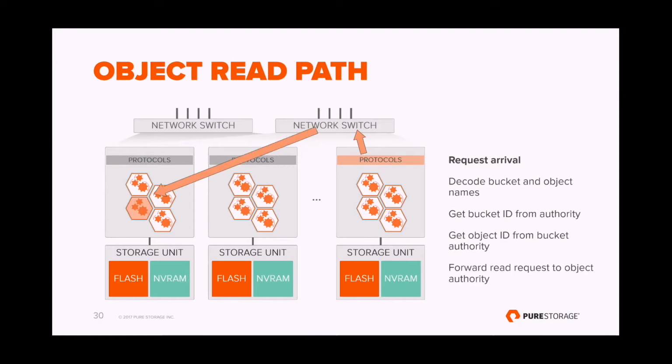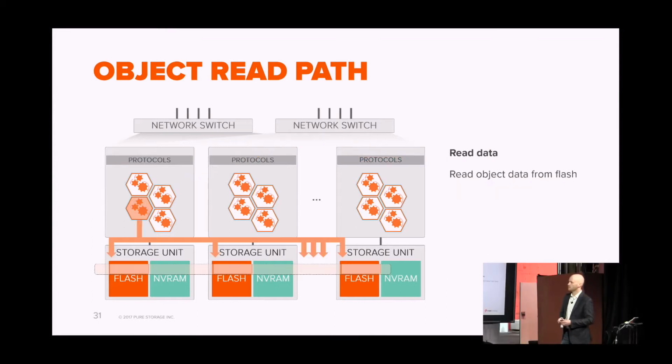And once we have that, we now have all the meta information to go get the data for object foo. And so we'll forward that read request now on to this object authority. And then the final piece here is we're going to now go read the data, and I'm showing a simple case where it's already persistent on flash, but we may also be reading it from a look-aside in NVRAM.